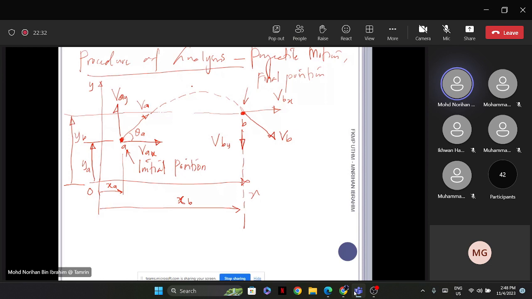And remember that the gravitational acceleration g is always directed downward. So we have this g, which is directed downward. Our positive sign convention is positive to the rightward for x and positive to the upward for the y axis. So these are our positive sign conventions.